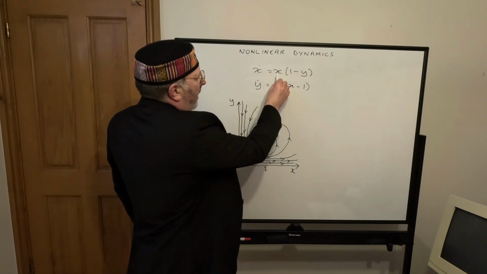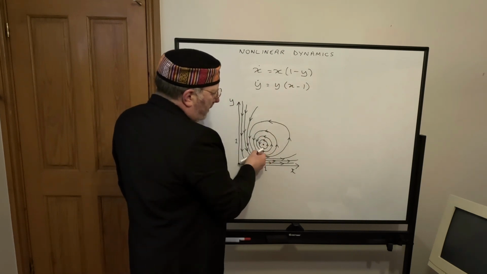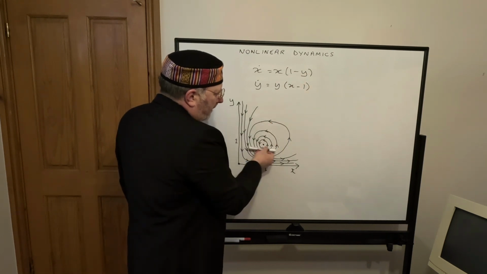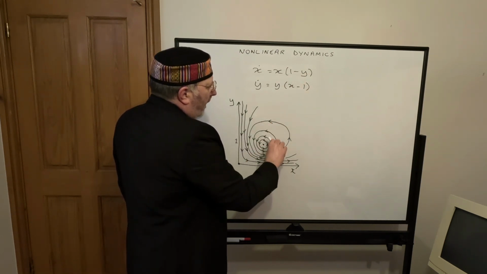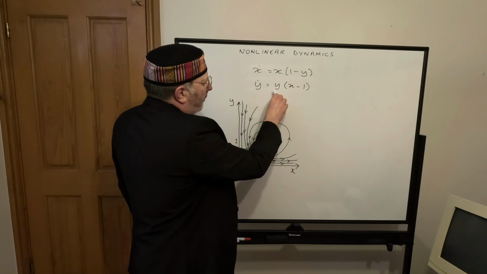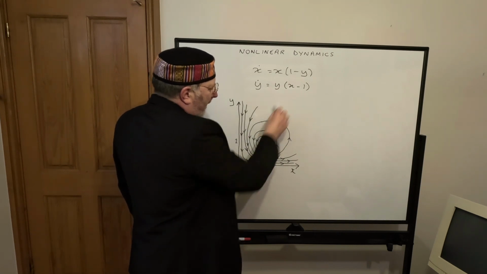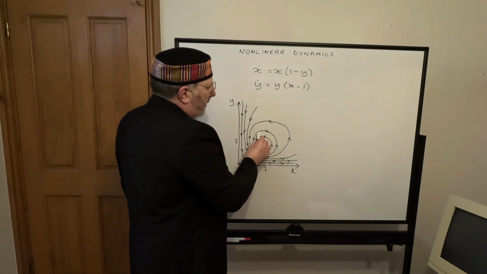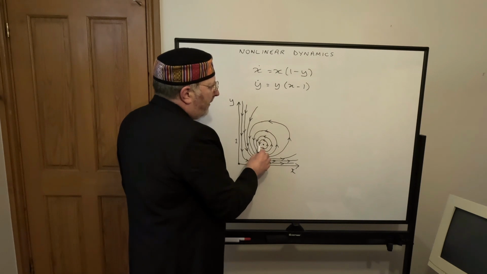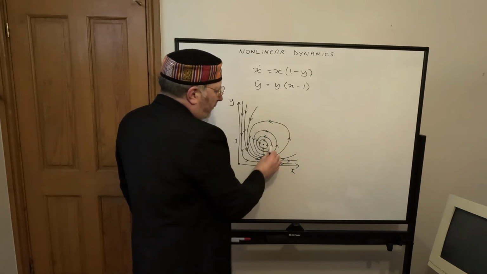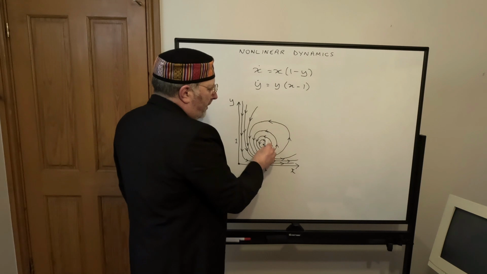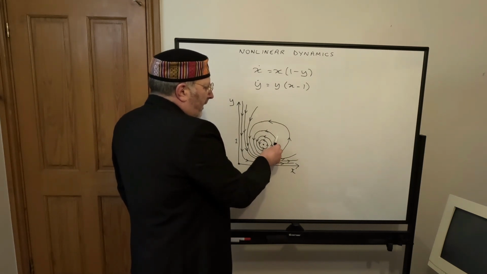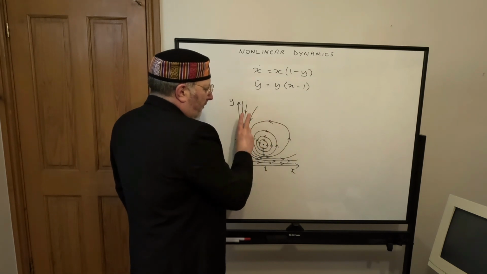And if y is below 1, then y will be less than 1, this will be positive. So x will be moving to the right. And then similarly for y dot, if x is less than 1, so here, then y dot is negative, so it's moving down. And if x is greater than 1, this is positive, so y dot is positive, so it'll be moving up. So the system will be tending to cycle around this fixed point.